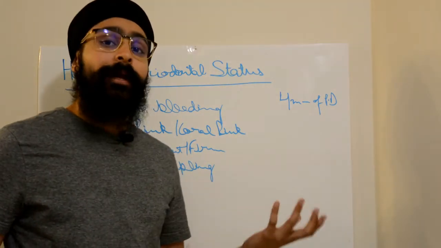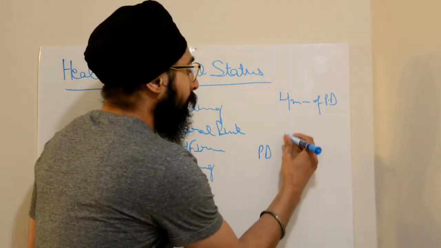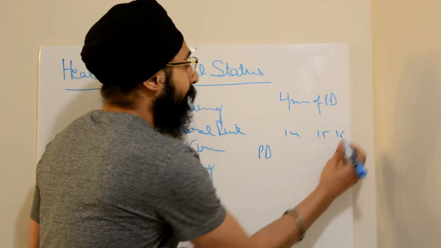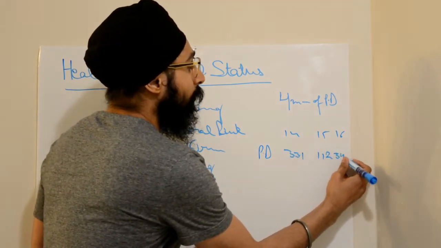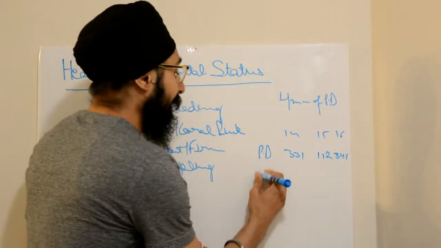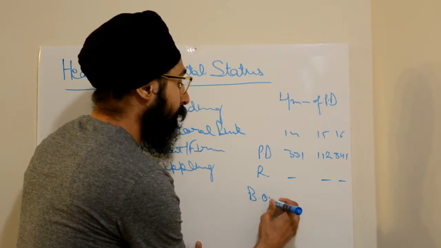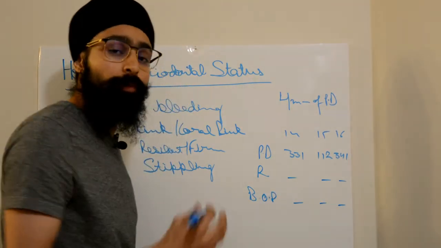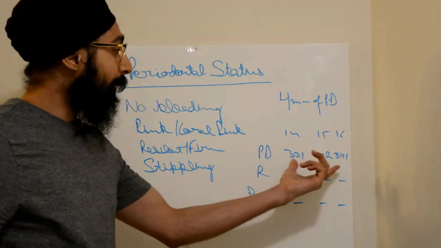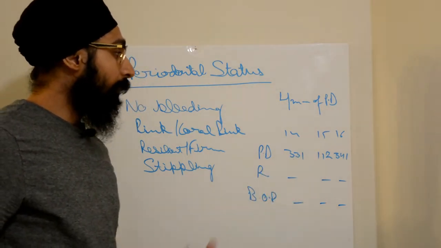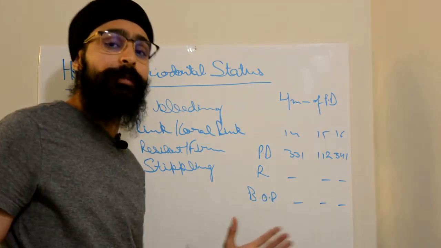Let's say in a perio chart, probing depth was 1, 4, 1, 5, 1, 6, 3, 3, 1, 1, 1, 2, 3, 4, 1, recession no, bleeding on probing no, there is no mobility, there is no furcation. So sometimes students come to this type of scenario and they ask, what is this situation, what would be the diagnosis?